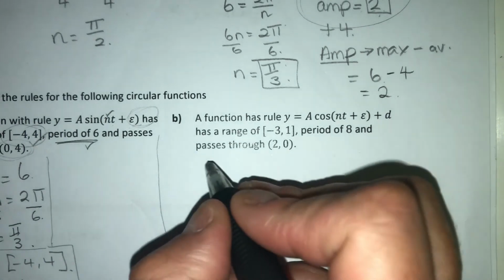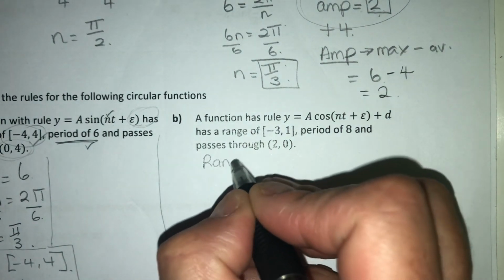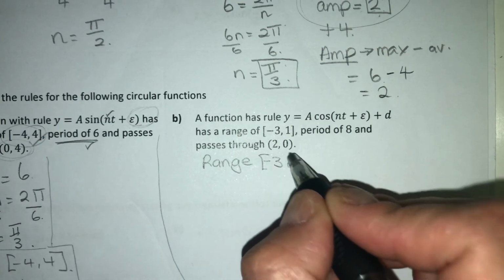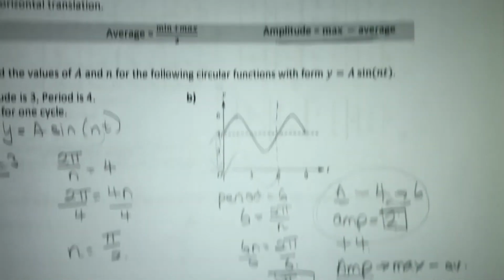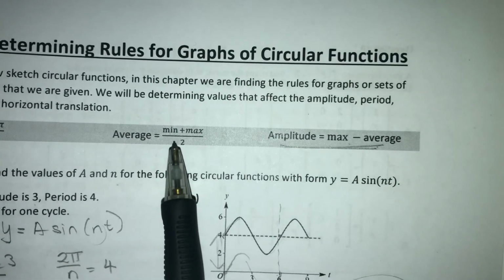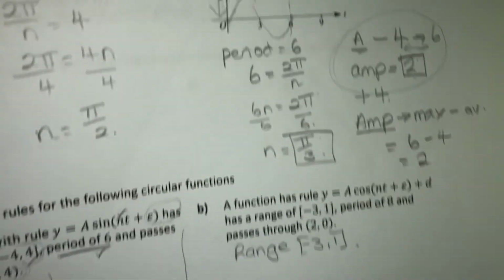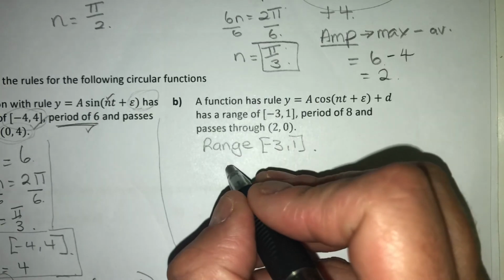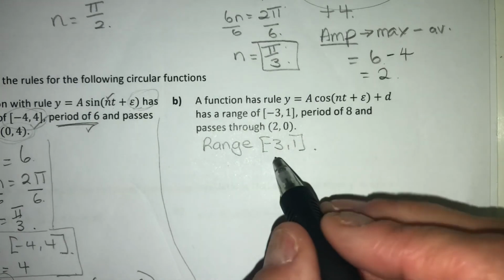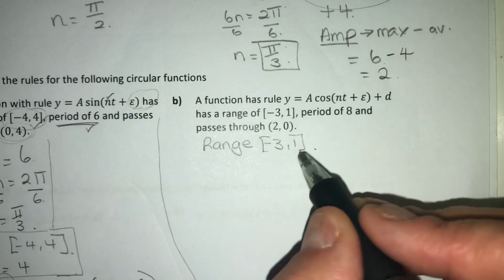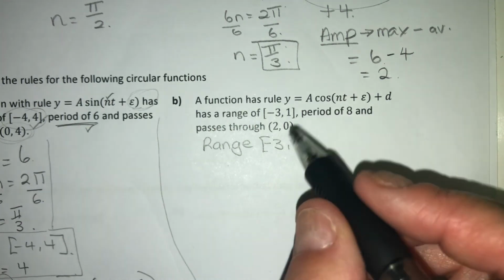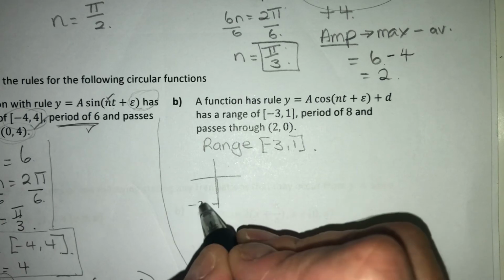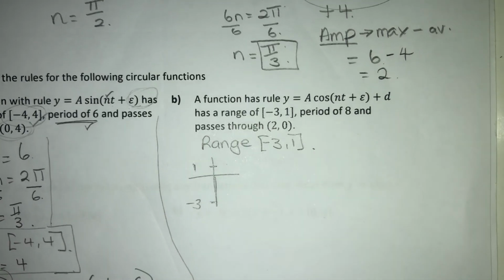All right, let's have a look at the range first. So our range here is -3 to 1. Now remember what it says up here. The average equals minimum plus maximum divided by 2. So if we add these two together and divide by 2, when you're thinking about the range, we're going to go down to -3 here, and we're going to go up here to 1.